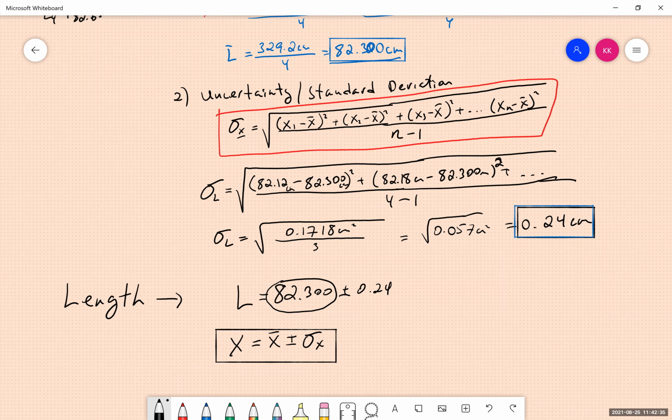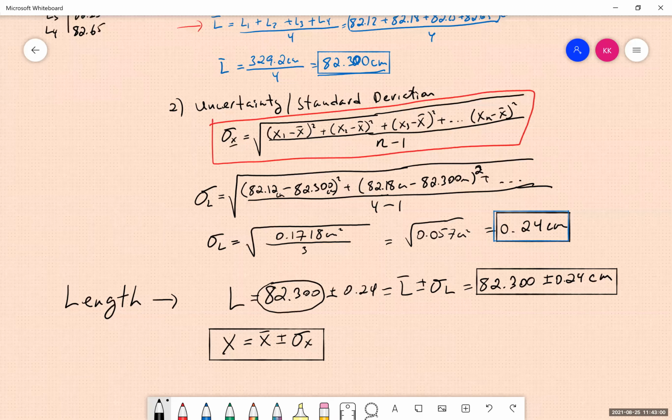So X bar plus or minus sigma X represents that. That means here I can say L average plus or minus sigma L, which is basically 82.300 plus or minus 0.24 centimeters. Let's not forget that. And that's how you would present your data to me: the average plus or minus the uncertainty, or the standard deviation.